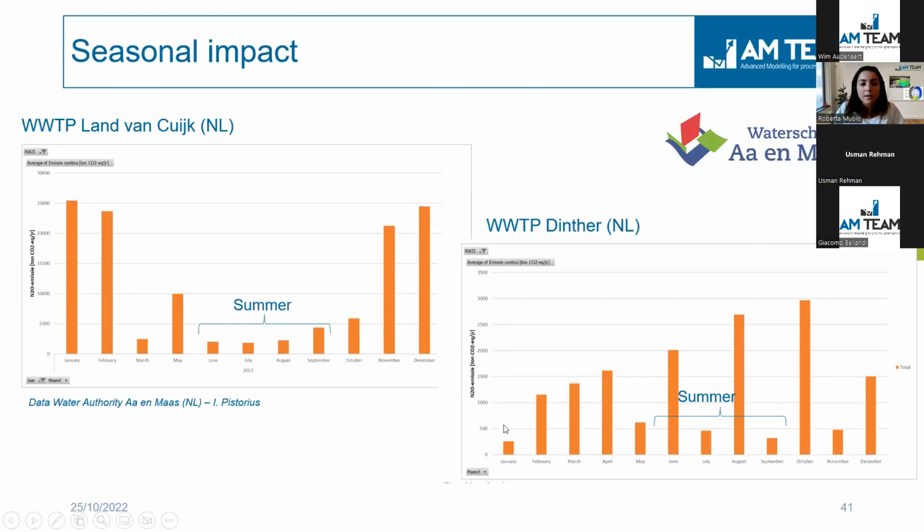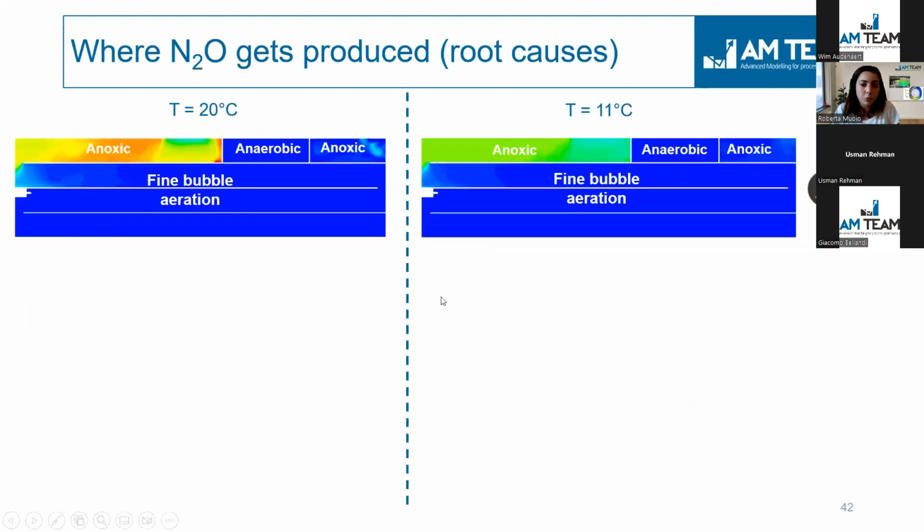So basically, N2O emission seems to be correlated with temperature, with seasonal impact, and higher emission can occur in winter, but it may not be the same case for all the plants. So it's very case specific, and we are going to start a project with this utility to really investigate these issues further.